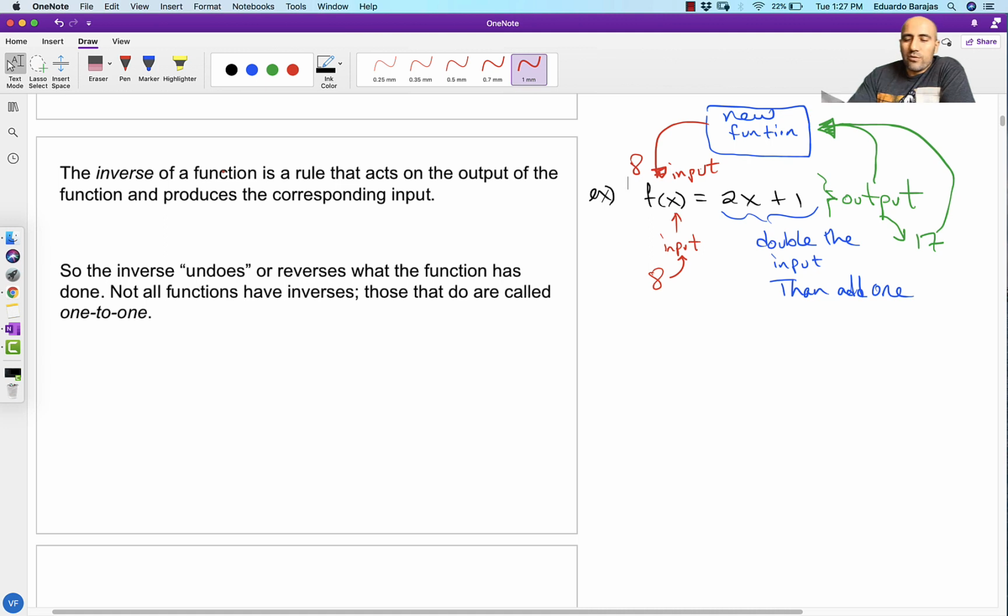We've run into this word inverse before, in a slightly different context: operational inverses. For example, if we take some value x, doesn't matter what it is, and add 3, then to undo this plus 3, we can subtract 3.